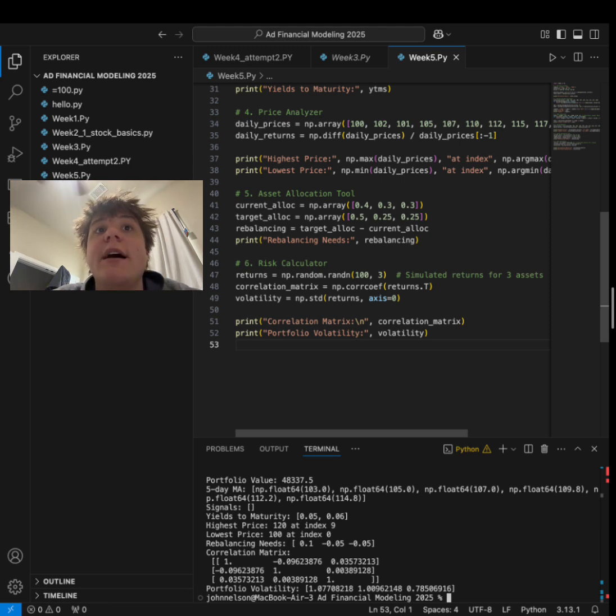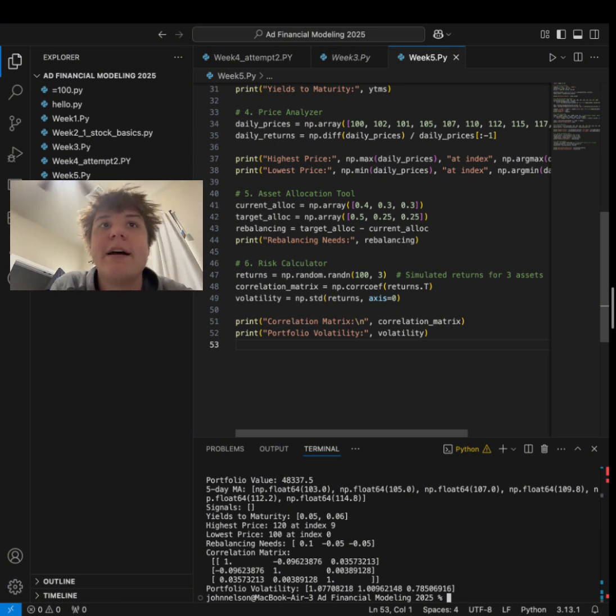We have the highest price, 120 at index 9. The lowest price was 100 at index 0. The rebalancing needs, 0.1, negative 0.05, and negative 0.05. We saw that. It was pretty obvious in the code, as the rebalancing needed was just the equation.